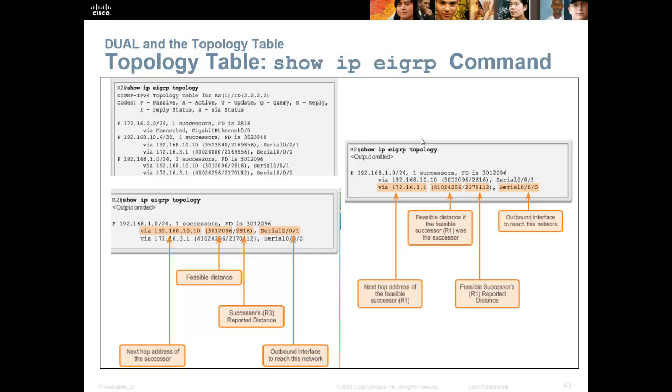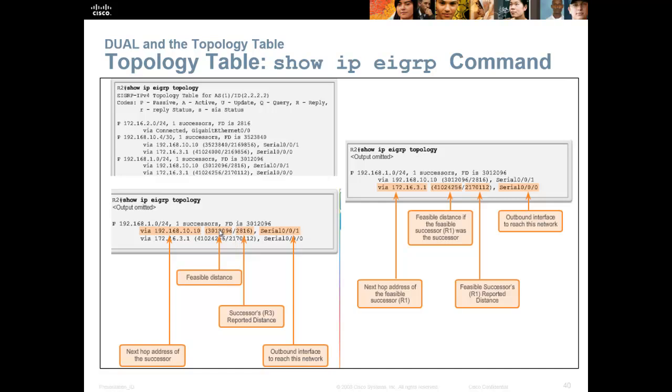Now, here's where it gets weird, and here's where this is all explained in my other video. On the successor route, his very first number here is the feasible distance, from his point of view. In order to be a feasible successor, your reported distance, this number here, has to be smaller than my feasible distance.